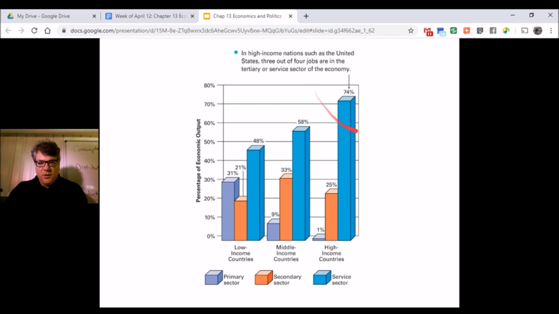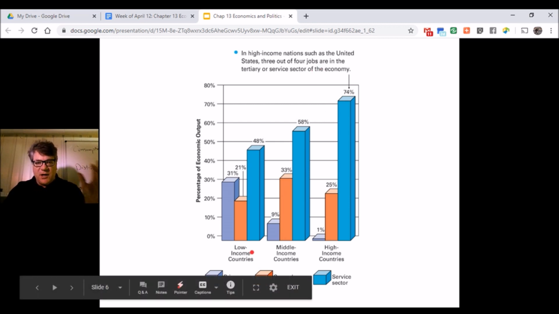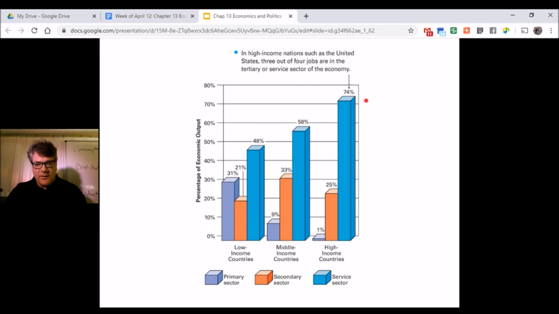Regardless if you live in a low-income country, a middle-income country, or a high-income country, most people are working in the service sector, okay? Whether it's low, middle, or high, most people in those societies are working in the service sector. Now, let's be careful again. It doesn't necessarily mean that people make more money in the service sector, okay?